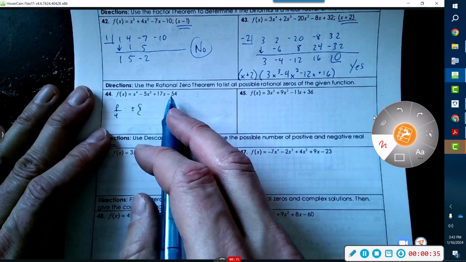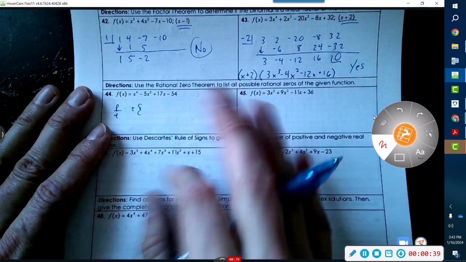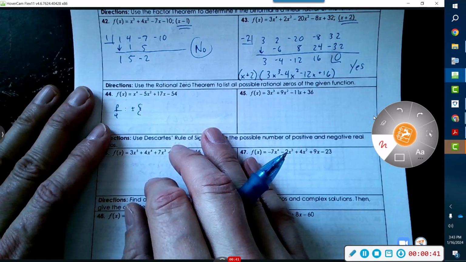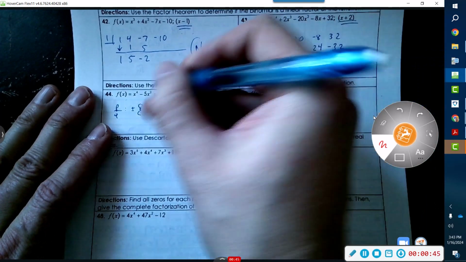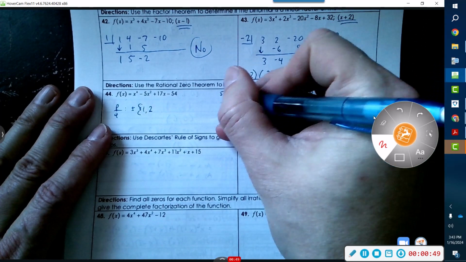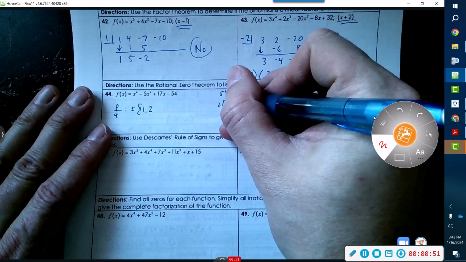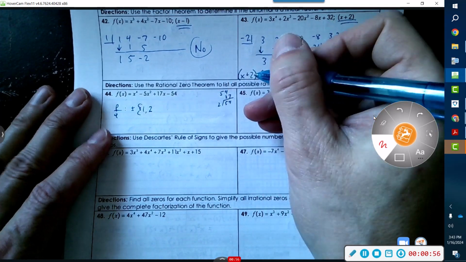But we are looking for factors of 54, and we're going to have to go quite a bit of them. Let's see, 54 has obviously 1. It's even, so it's got 2. So 2 goes in there how many times? 27 times.